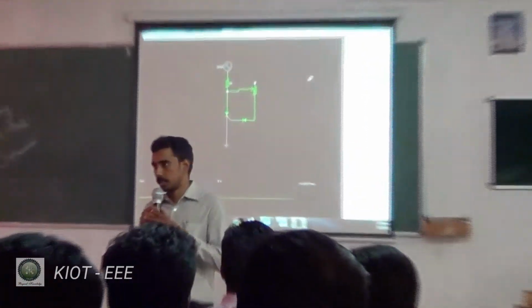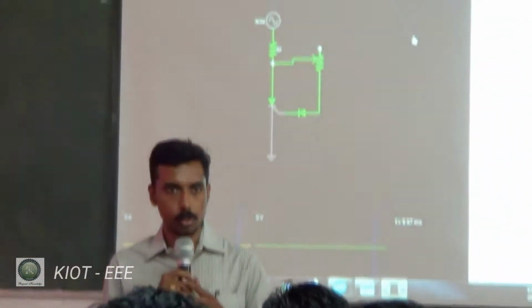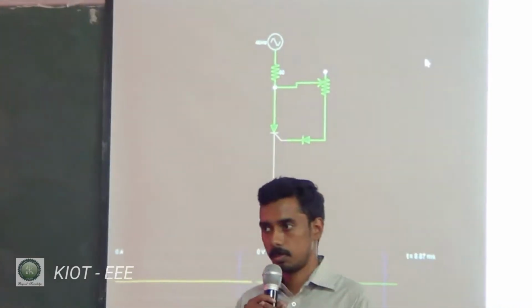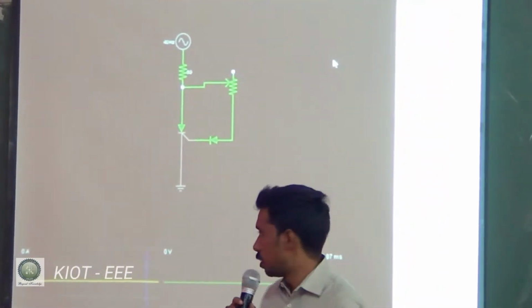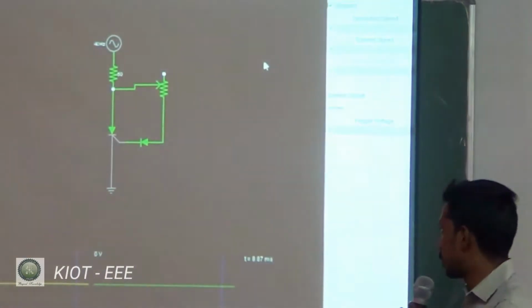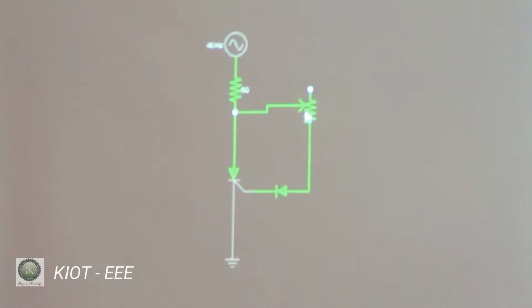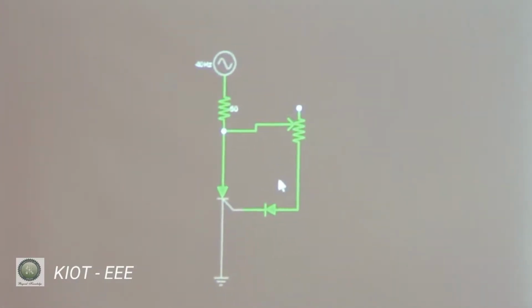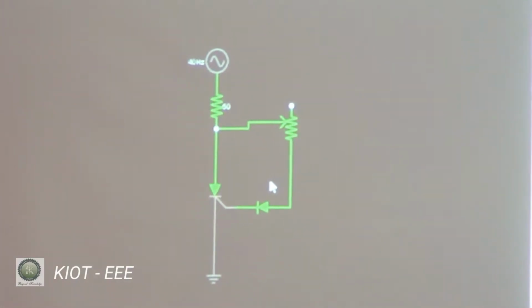You know that SCR is a unidirectional switch. If you look at the circuit diagram, you can see that the SCR is connected in series with an AC supply, and this potential divider acts as the gate voltage for this particular SCR.